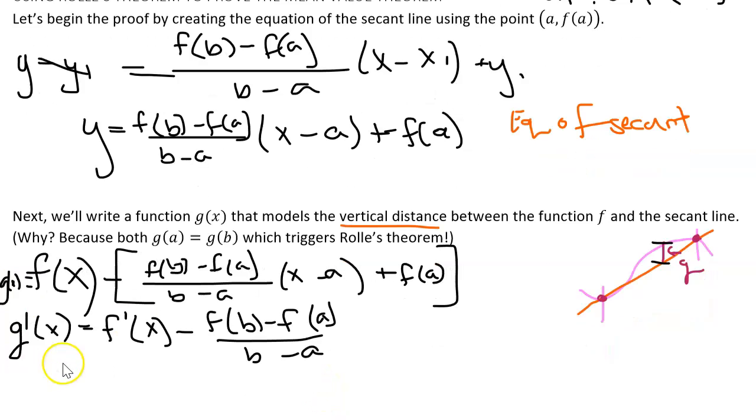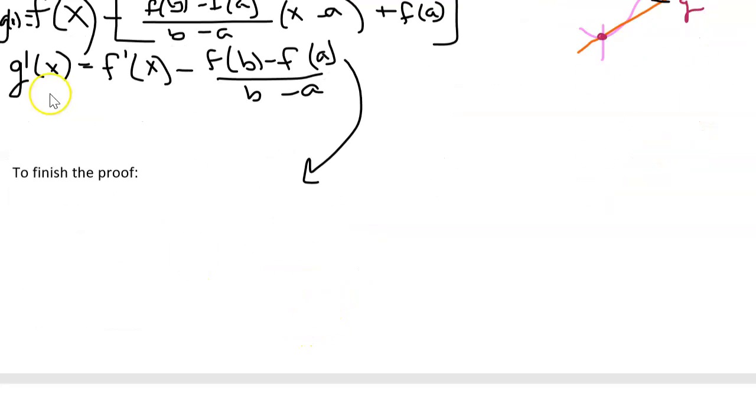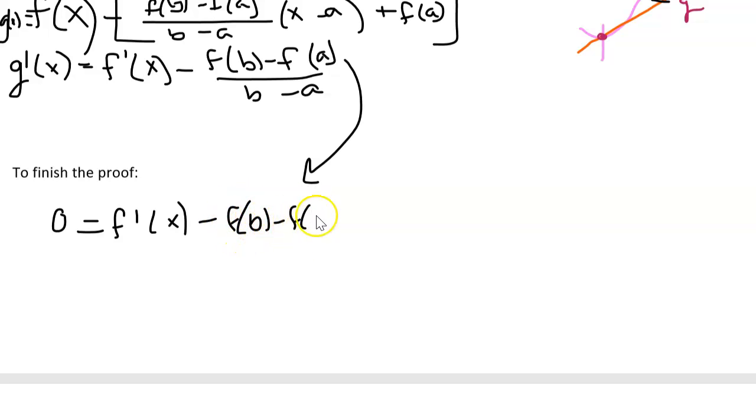But we know that g prime is equal to 0 by the condition set by Rolle's theorem. So now we can say 0 is equal to f'(x) minus (f(b) minus f(a)) all over (b minus a).